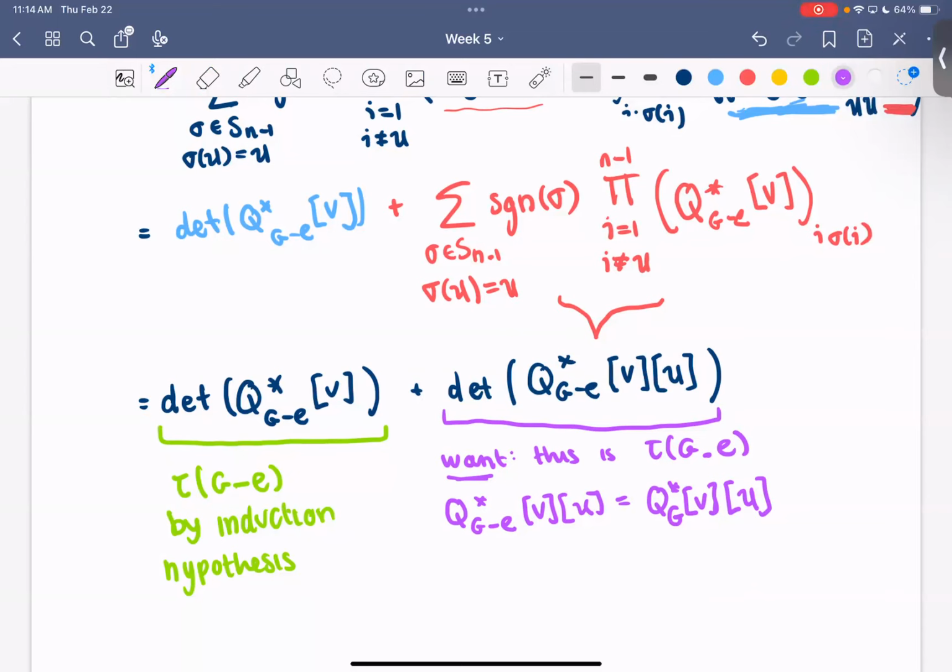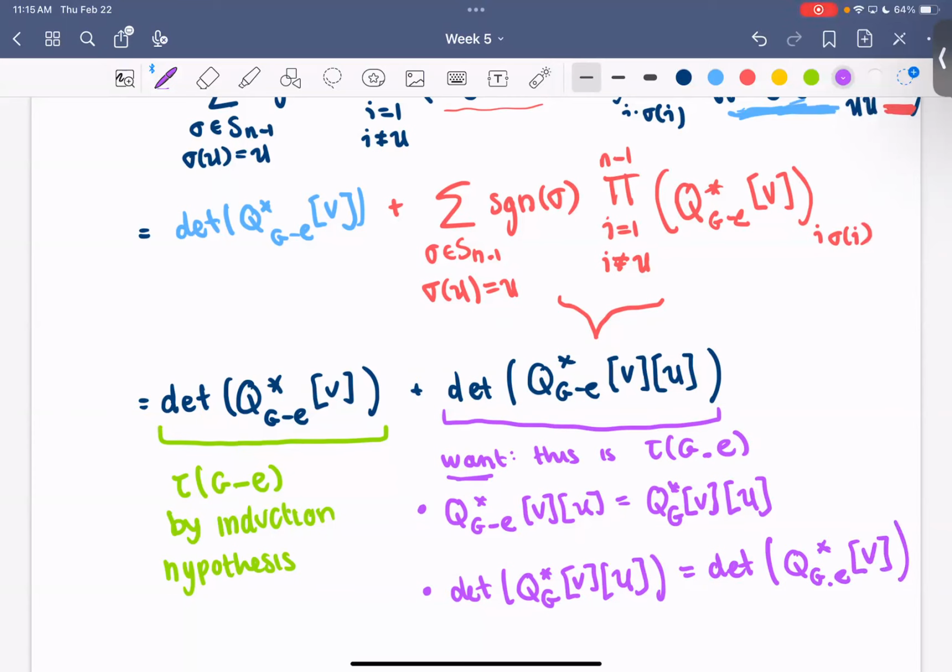So we verified this claim. Second claim, the determinant of Q G star VU is equal to the determinant of Q G contract E star of V. Okay, so why does that equation hold?